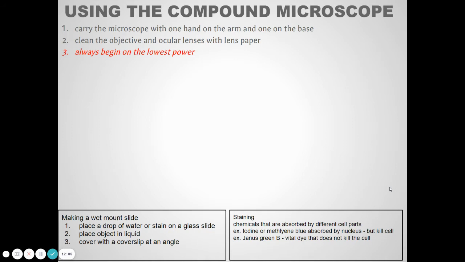The microscopes we will be using have this special little thing called a mechanical stage, which is kind of cool. So you open up the clip, put your slide in, let the clip go, and it'll be held in place there. Once you do that, you can use these little knobs to move the slide left and right, or forward and backward.